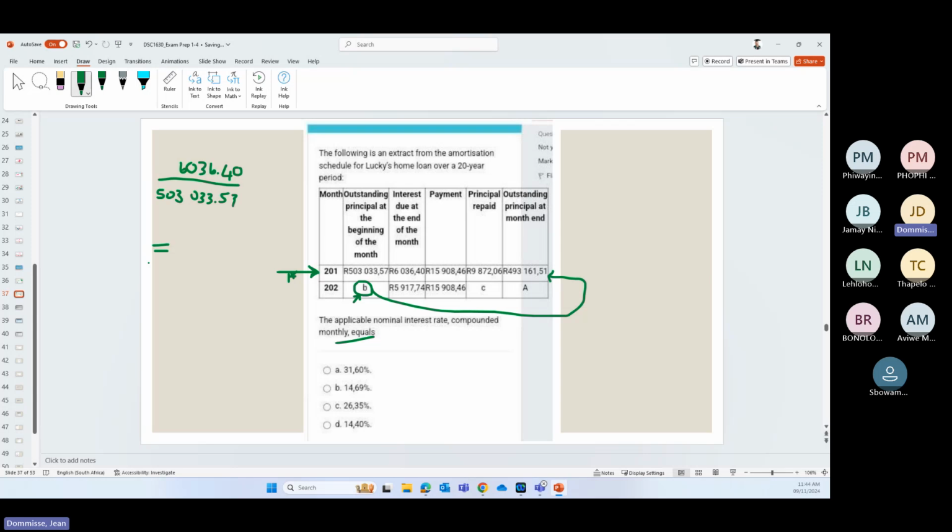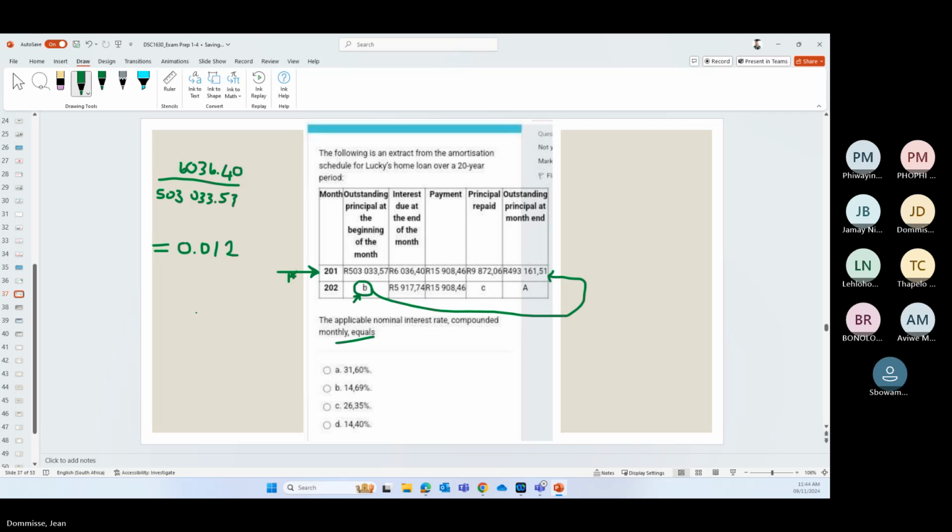So 6036.4 divided by 503.57. Okay, so that gives me 0.012.